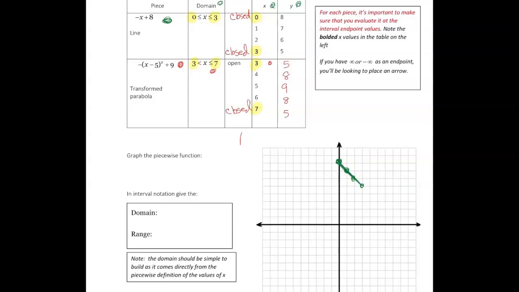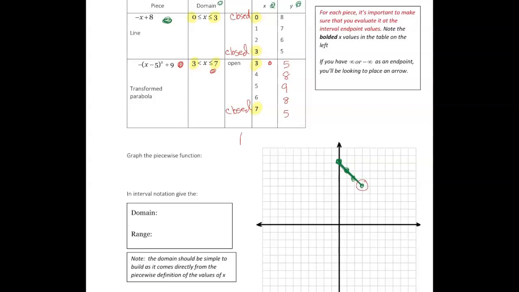Okay, so then we go down to the red function. That is a parabola, so I have to have a curvy shape. So at 3, 5, I have an open. So 1, 2, 3, 1, 2, 3, 4, 5. Put an open around here because that was closed by the previous function. Okay, so that's 3, 5, and then I need 4, 8.